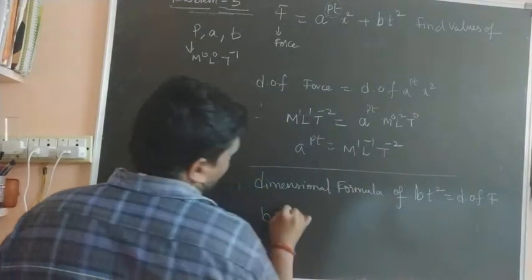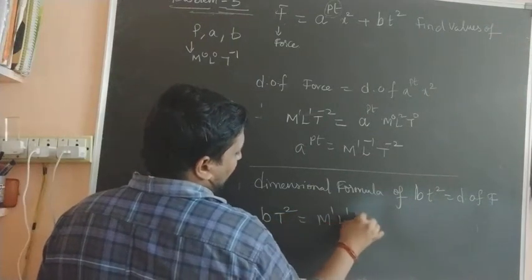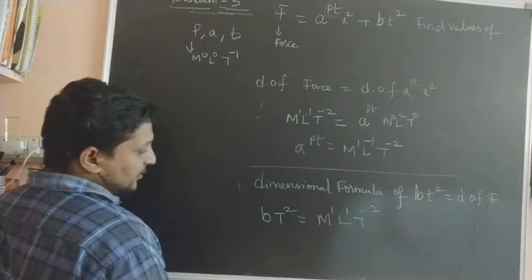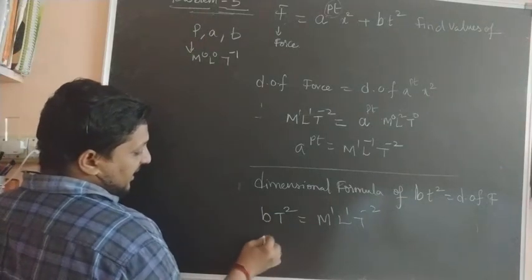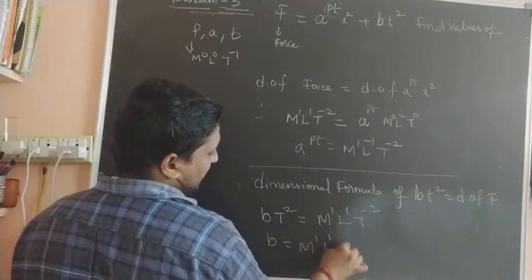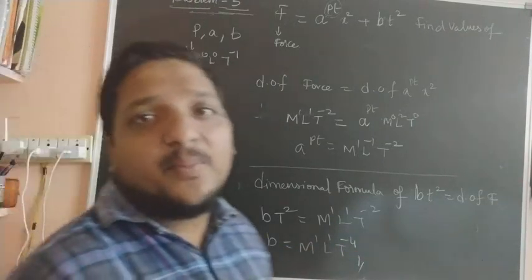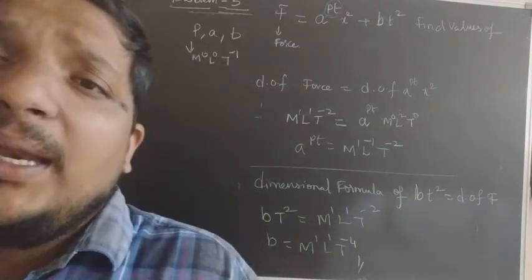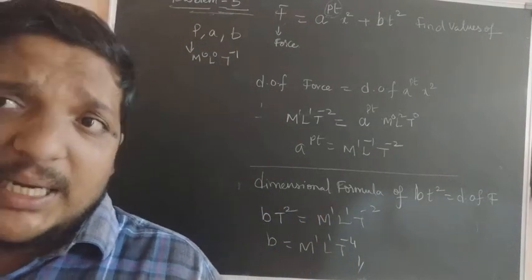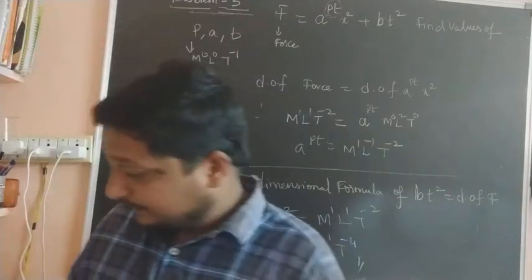B into t² is equal to M^1 L^1 T^-2. Then it can be written as B equals M^1 L^1 T^-2. This is the dimensional formula of B. Whenever any physical quantity is related with power, we can solve in this manner.